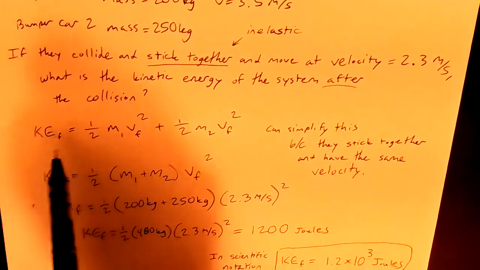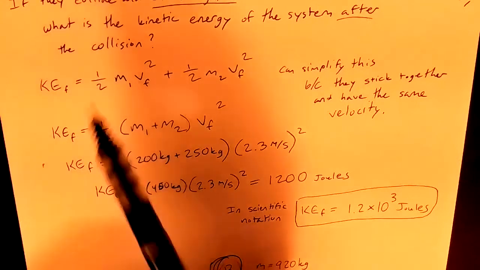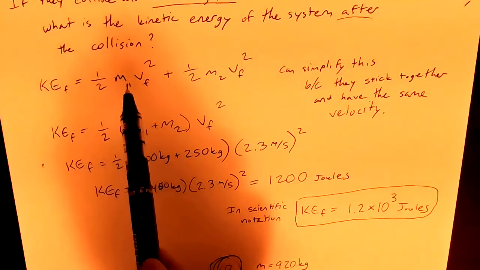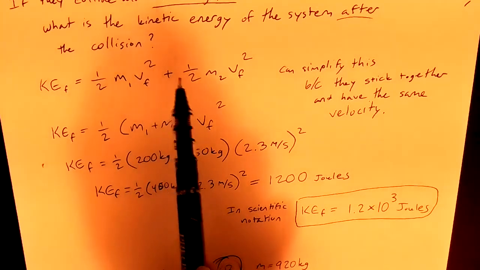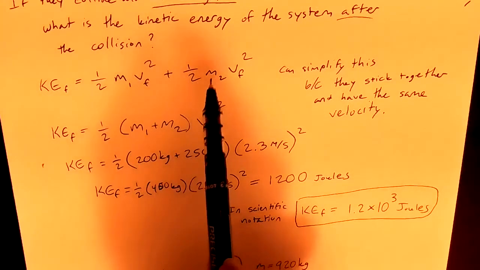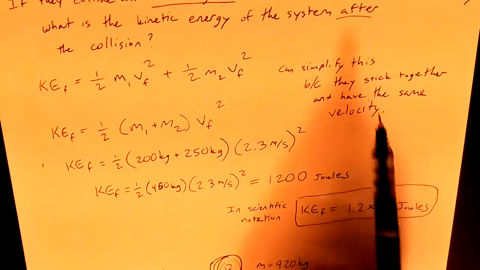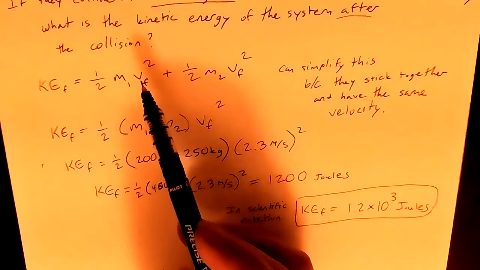So to find the final kinetic energy, we just plug in 1/2 m1 times final velocity squared plus 1/2 m2 times final velocity squared. And you can simplify this because these velocities are the same.